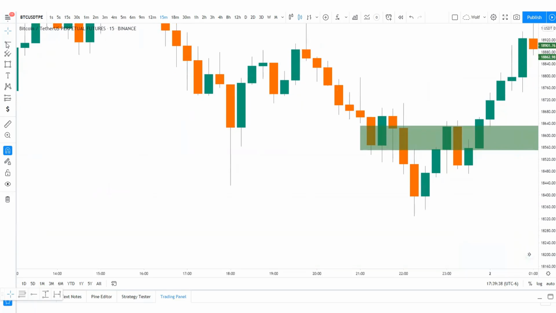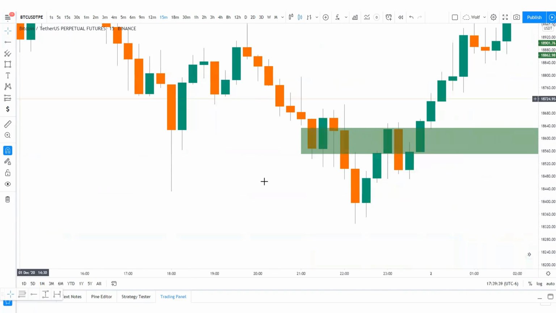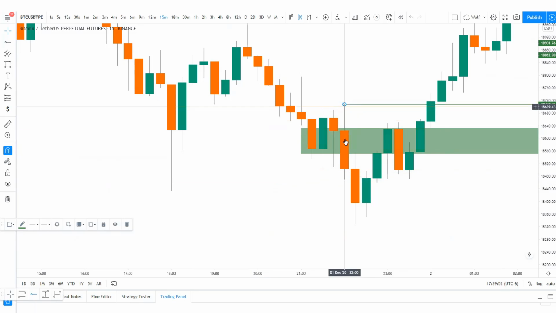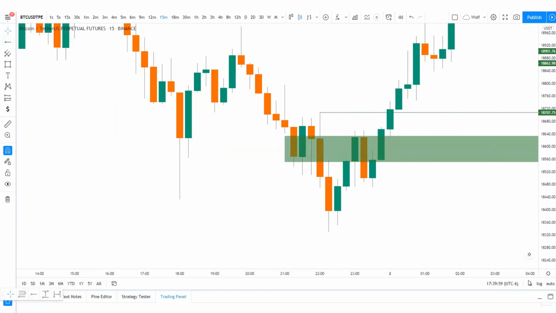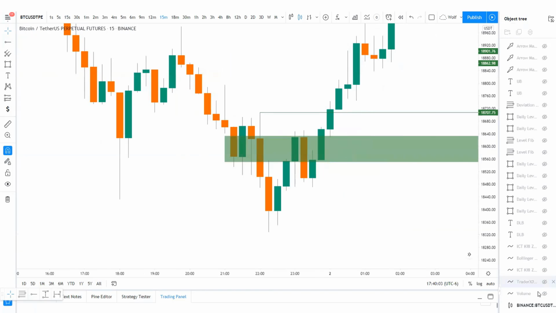Another thing I like to look at is where the battle was fought, so to speak. This was a very aggressive move down, and then it turned around. So I'm looking for maybe a volume spike.